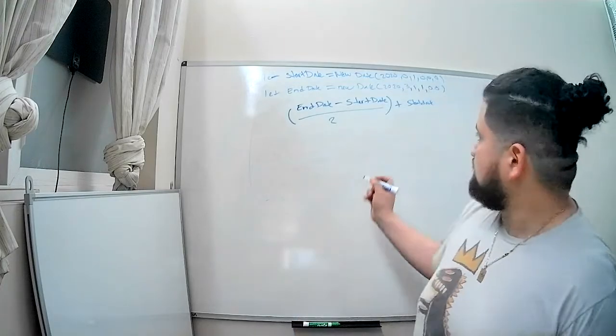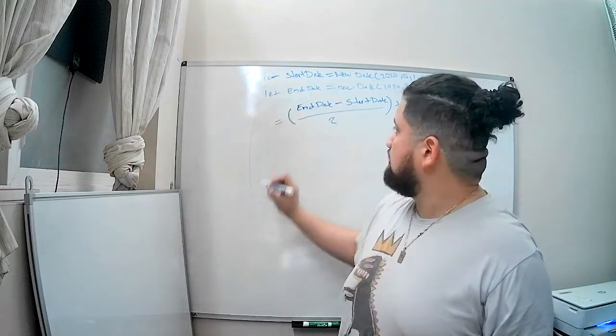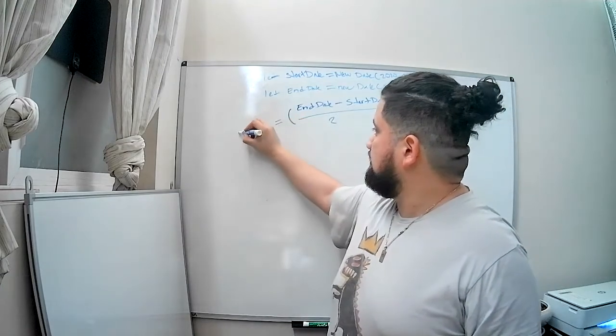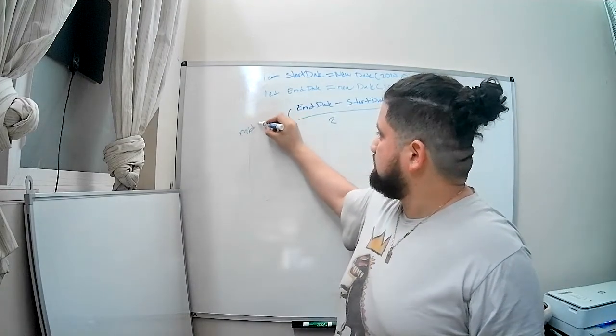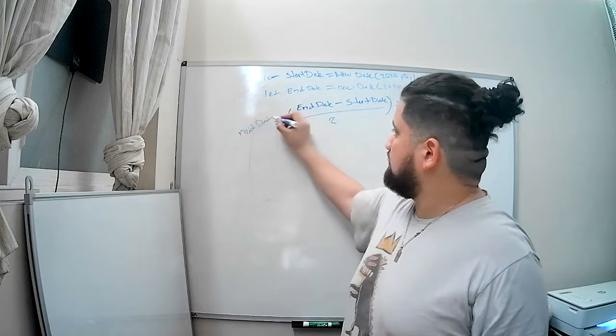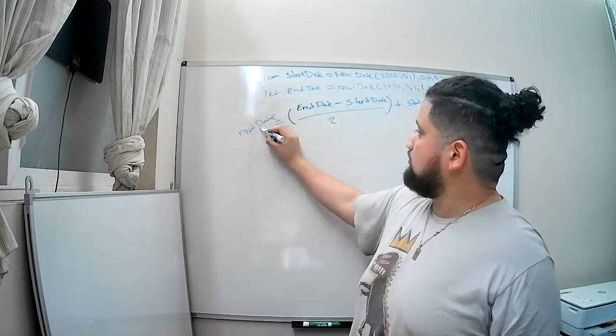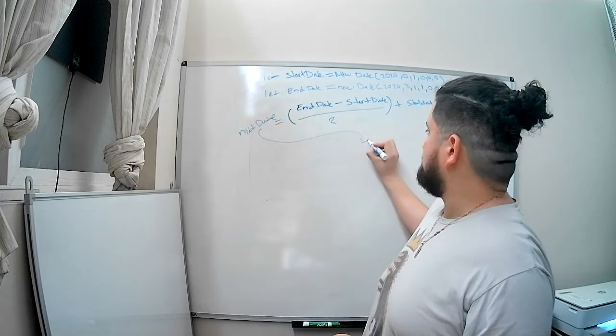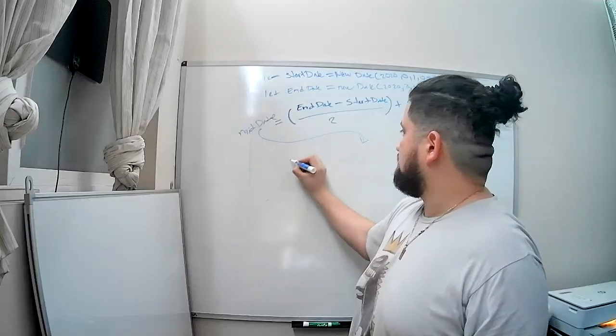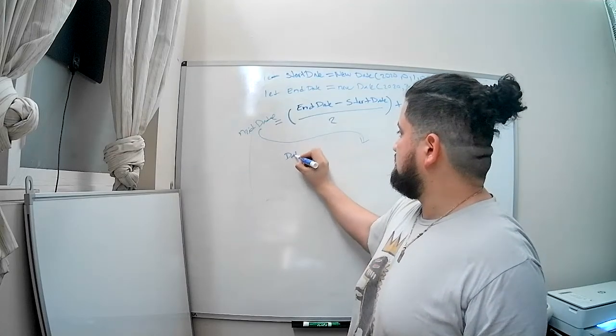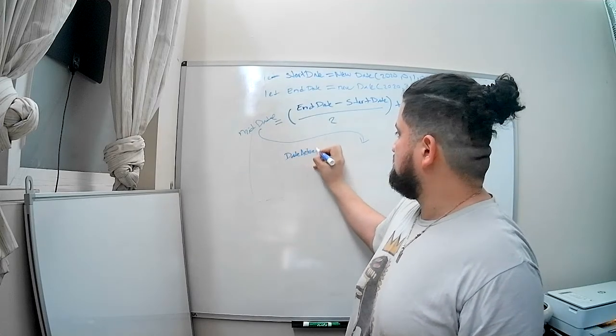So this will be set to mid-date. And all we're going to do is pull our ingredient. And we're going to call this the date actual.